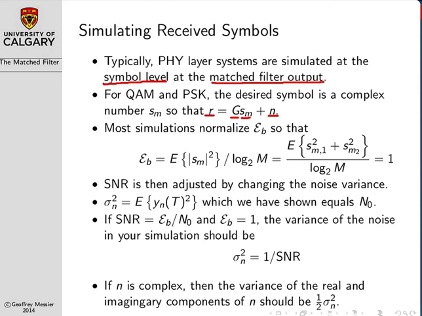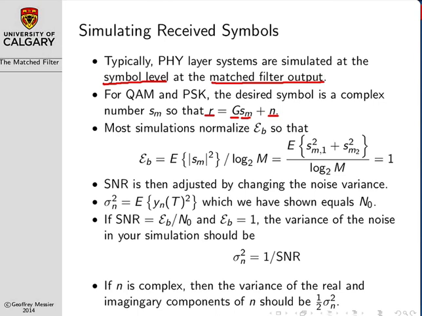And so I mentioned in the previous slide that one common objective for physical layer simulations is to simulate the system reliability, or the bit error rate, over a range of signal to noise ratio values.